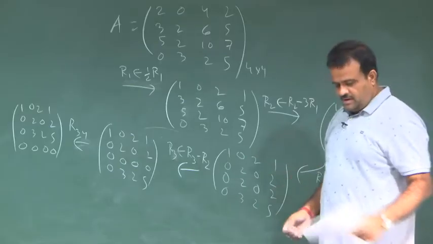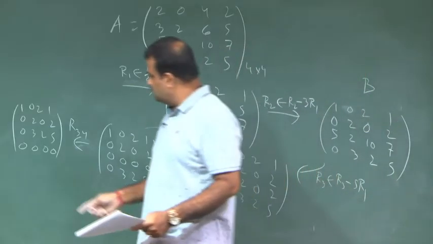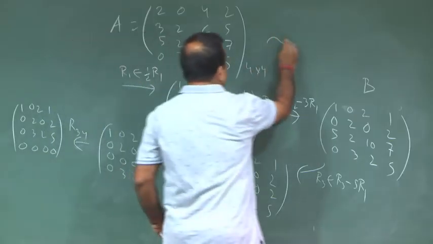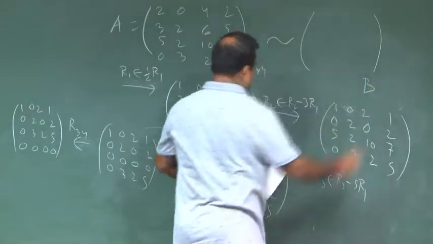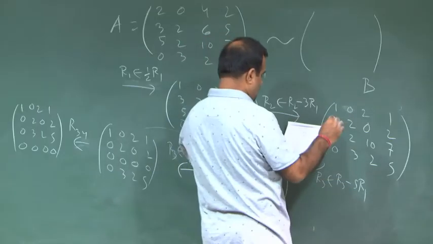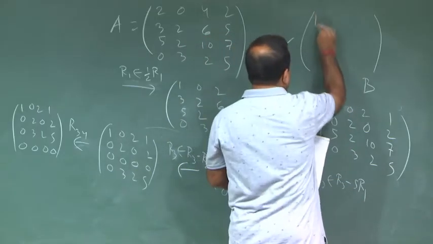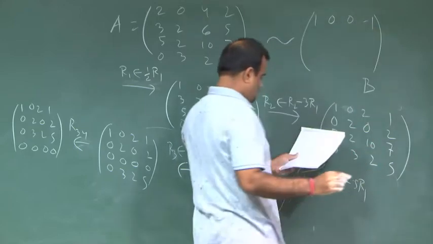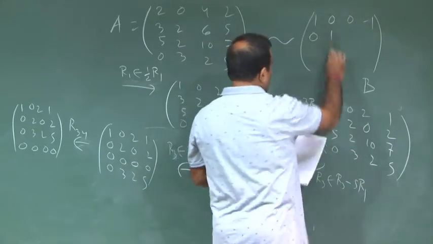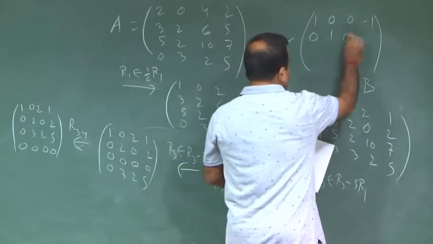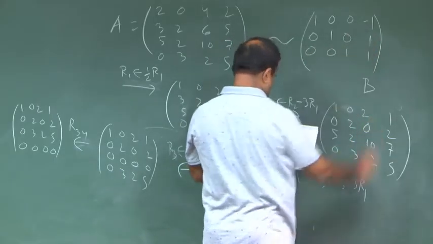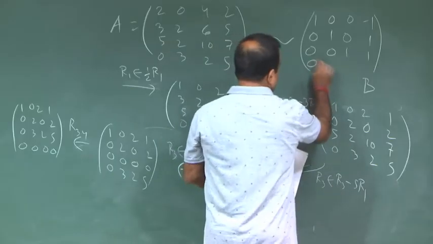So, we reach there, and if we do further row operations on this matrix, eventually it will be like this matrix: 1 0 0 minus 1, 0 1 0 1, 0 0 1 1, 0 0 0 0.